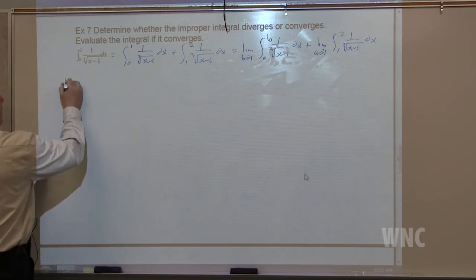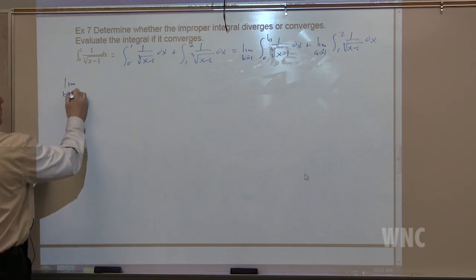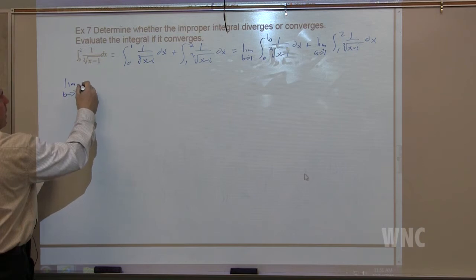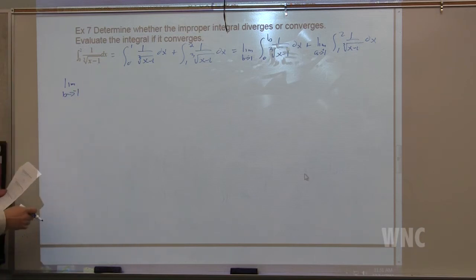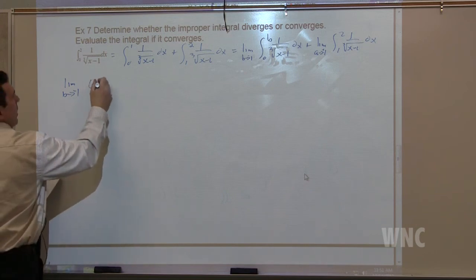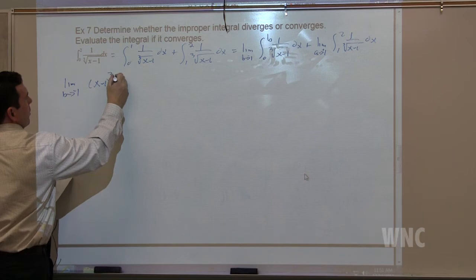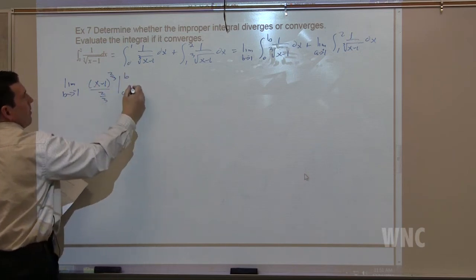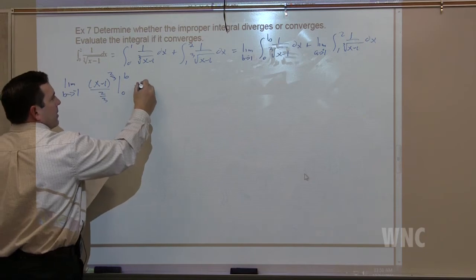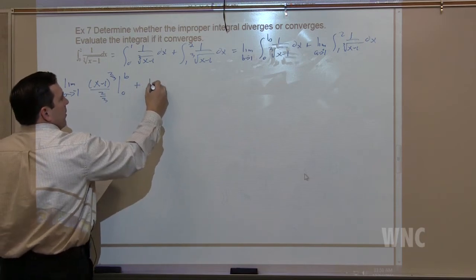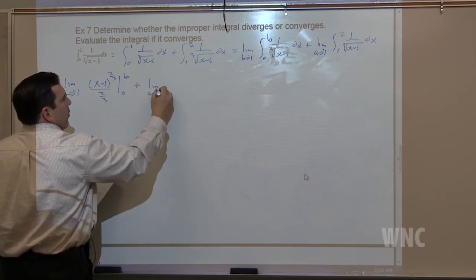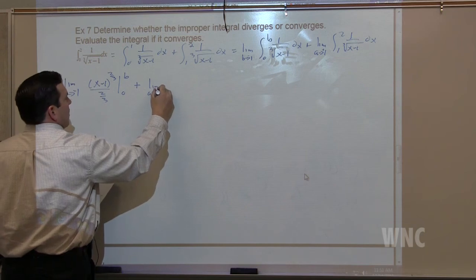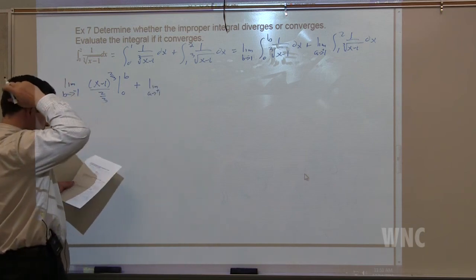So let's see. We have the limit as b approaches 1 from the left side of what? So if we integrate that, that's like x minus 1 to the negative 1/3. That becomes x minus 1 to the 2/3 divided by 2/3 from 0 to b. Plus limit as a approaches 1 from the right side.